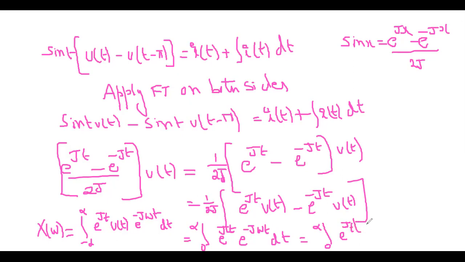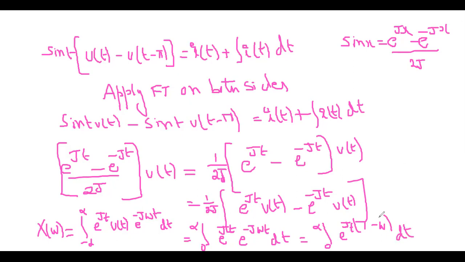It becomes e power jt times (1 minus omega), with e power jt and e power minus j omega t dt.